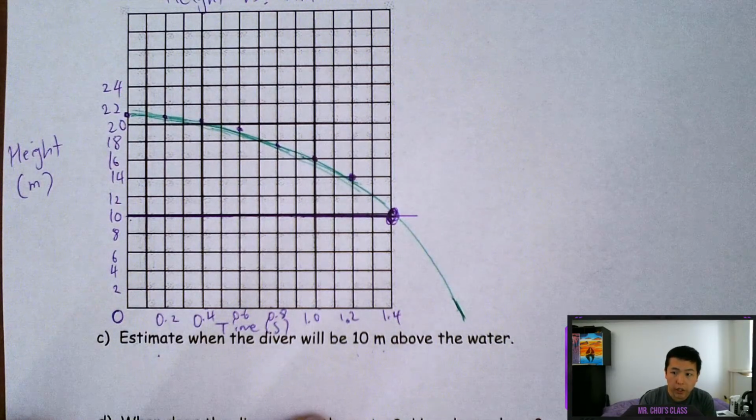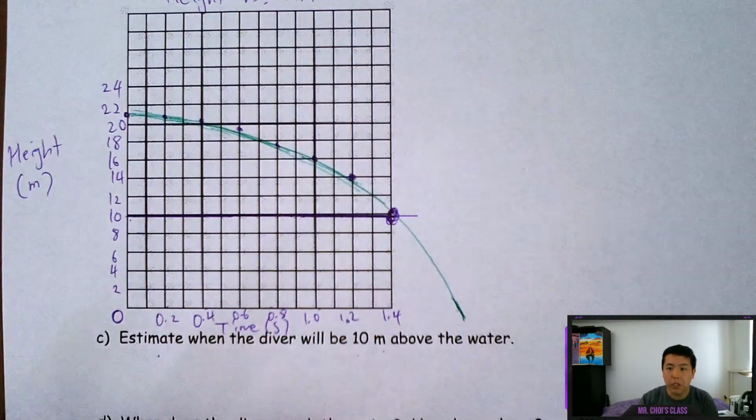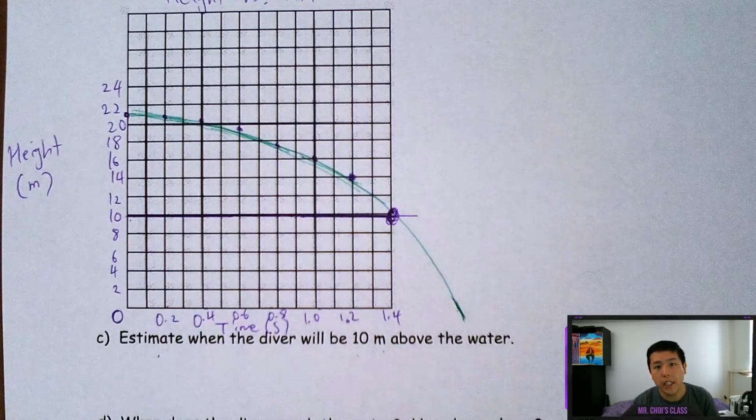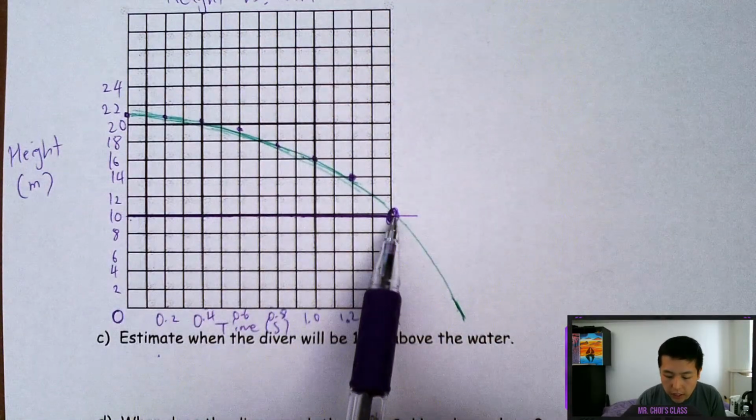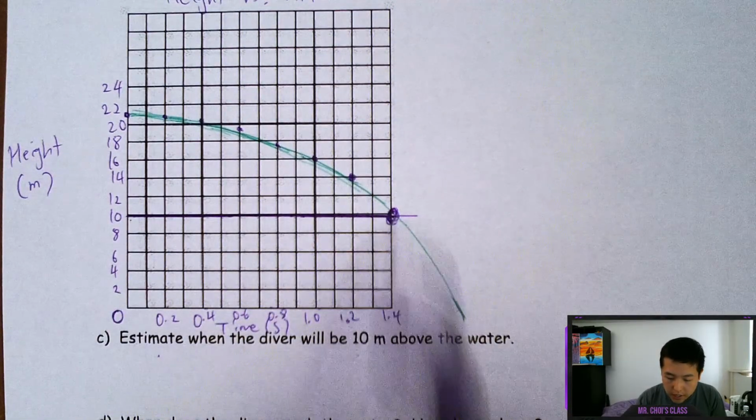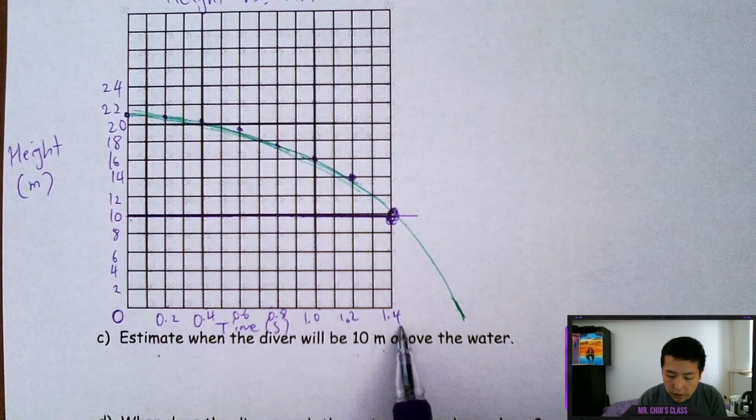But using our curve of best fit, we're saying, hey, if this trend kept going, what's our best guess? So that's what the green line is for. That's what the curve of best fit is for. We use this trend that we see to estimate and guess what it could be. So since it's touching our green line at 10 meters here, like Russell said in the chat, this would be 1.4 seconds.